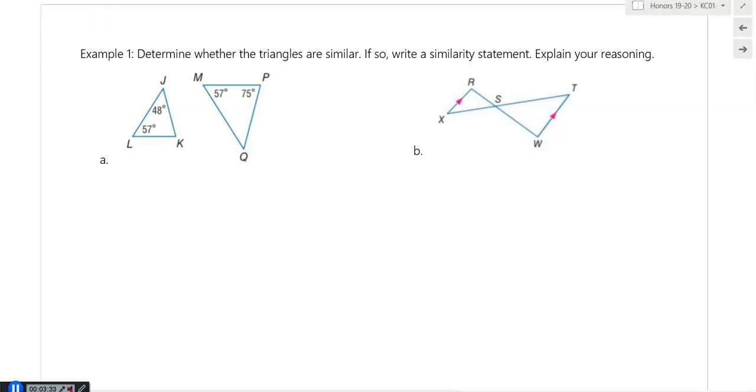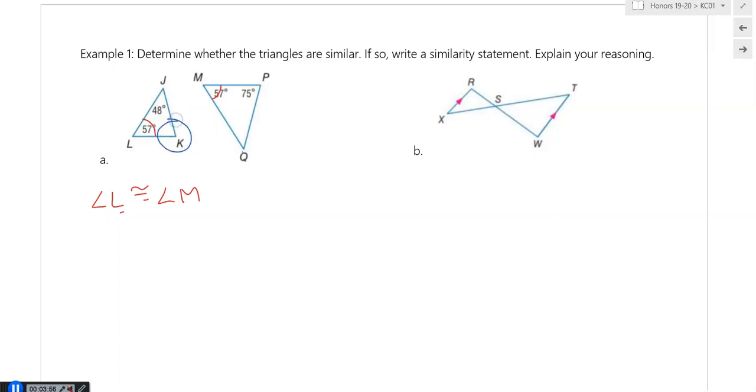So if I look here, I already see that angle L and angle M are congruent because they are the same exact number. Okay? But now if I look, J and P are not congruent, but I don't know anything about K or Q. So I'm going to find one of them.